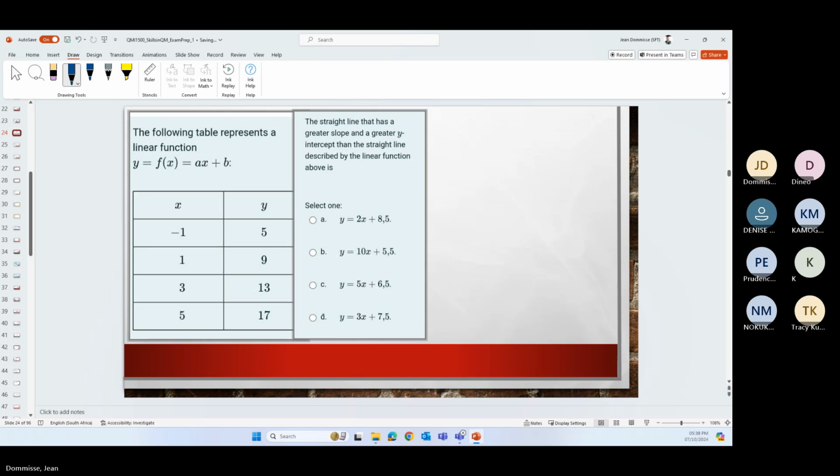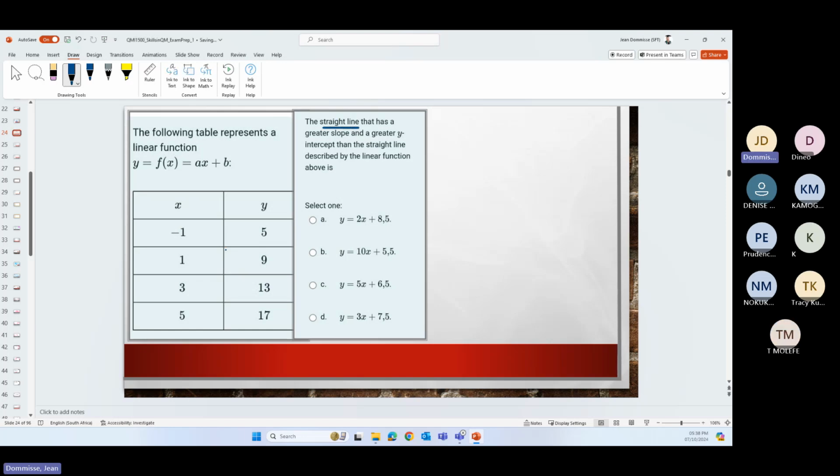Okay, so let's just see. Let's say this is a straight line. So do we want to just work out the difference in slope?